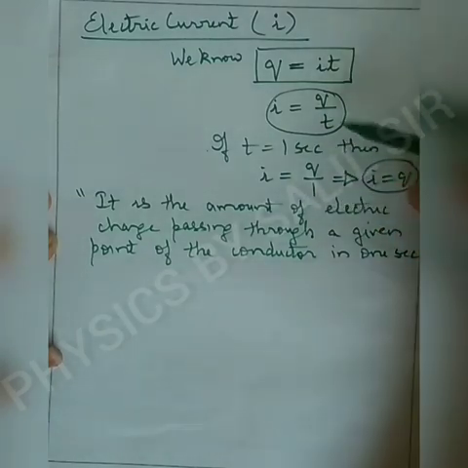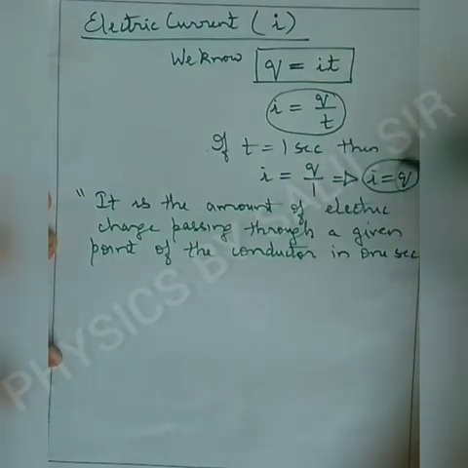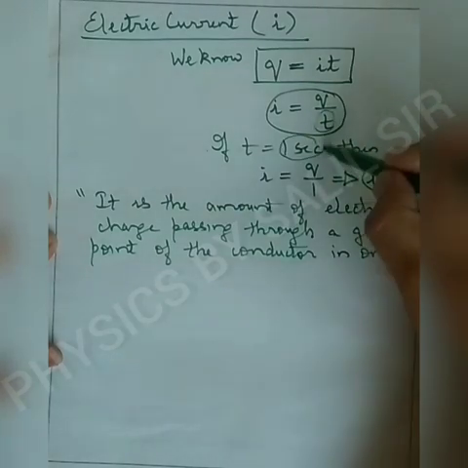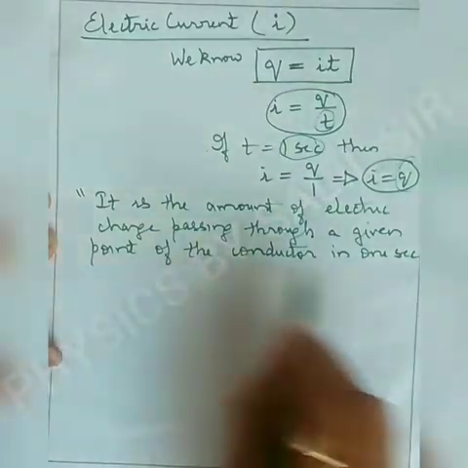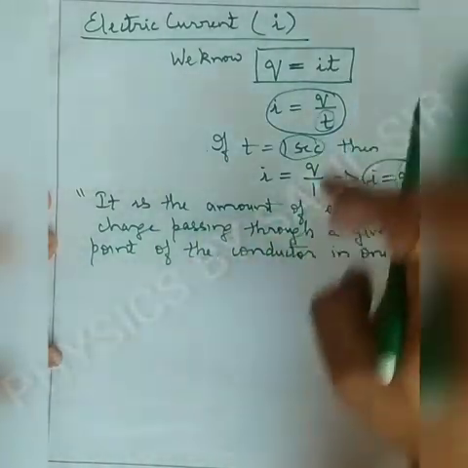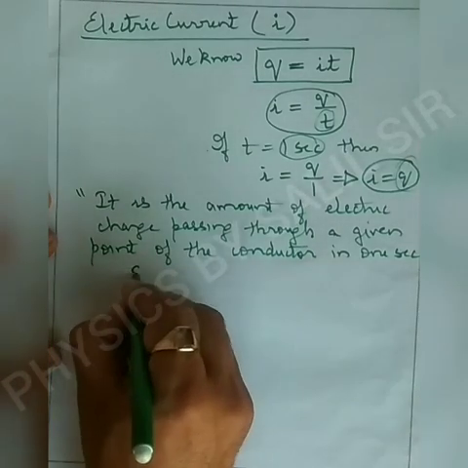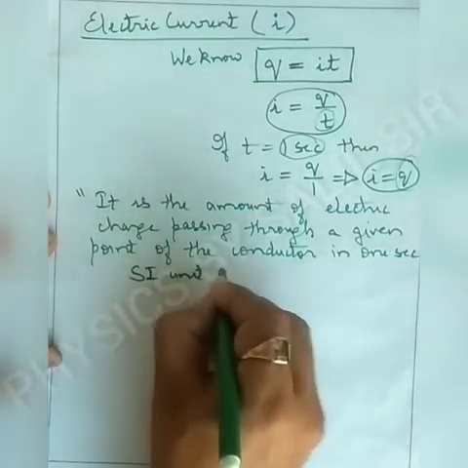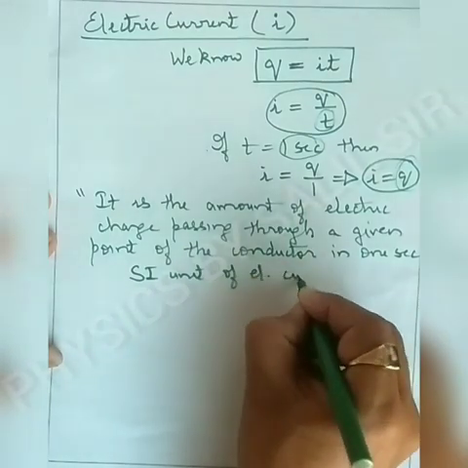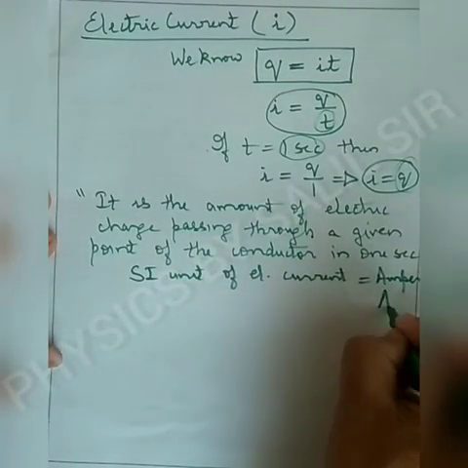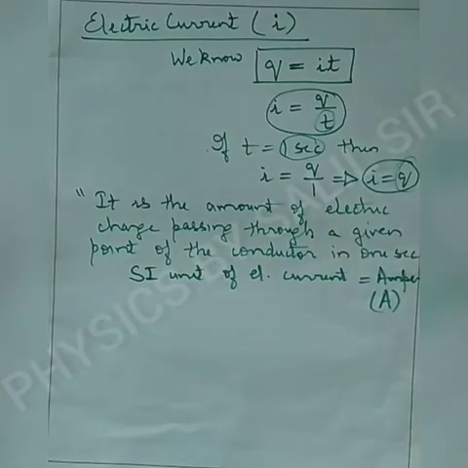It is the amount of electric charge Q passing through a given point of a conductor in 1 second. We have assumed t is equal to 1 second. So this is the definition based on this formula. Now, the SI unit of electric current is ampere and it is represented by capital A.